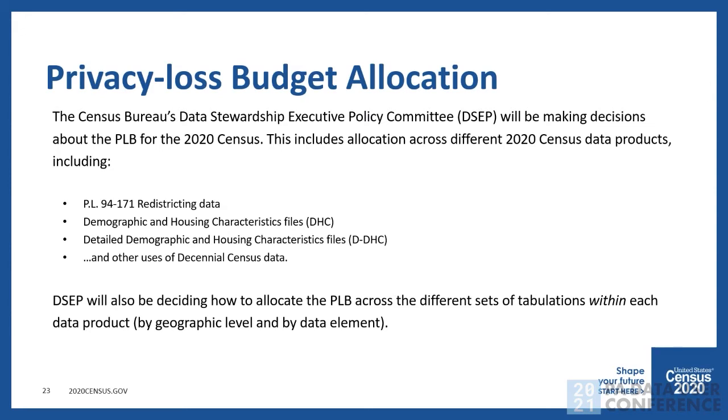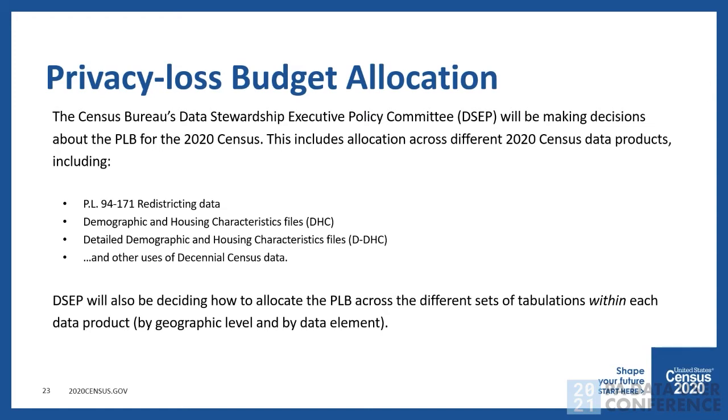If you give a larger share to one data product, it will be more accurate. But because the privacy loss budget will be fixed, that means that other data products might receive a smaller share. So DSEP is going to have to make decisions about how much privacy loss budget to allocate to each of the different data products that comprise the 2020 census data products.